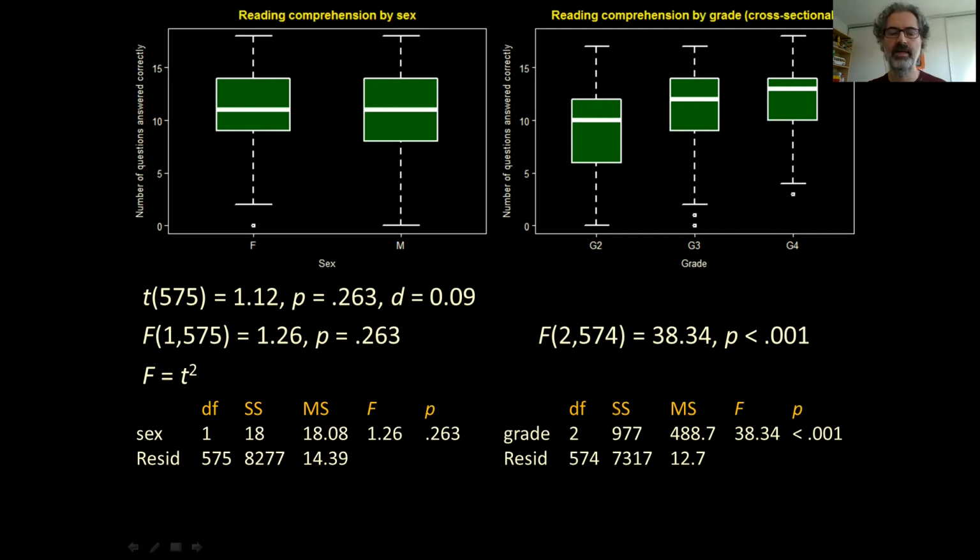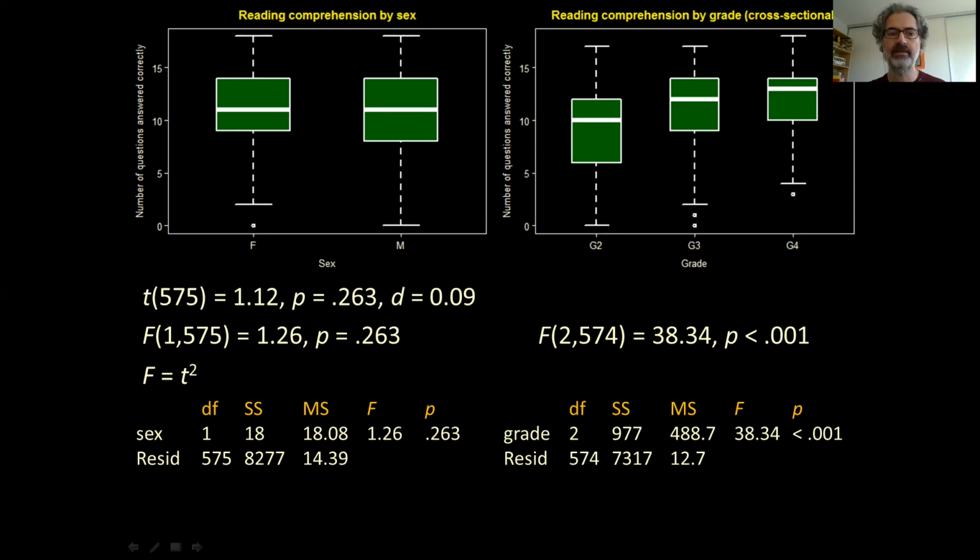But we can run a one-way analysis of variance with this result, with a significant p-value, which suggests we should reject the null hypothesis that the means per grade are equal and instead conclude that there are differences between grades in reading comprehension, which makes a lot of sense.